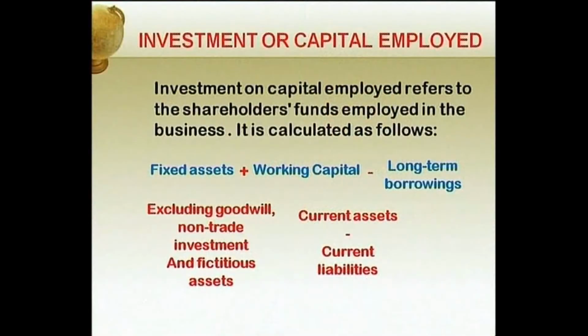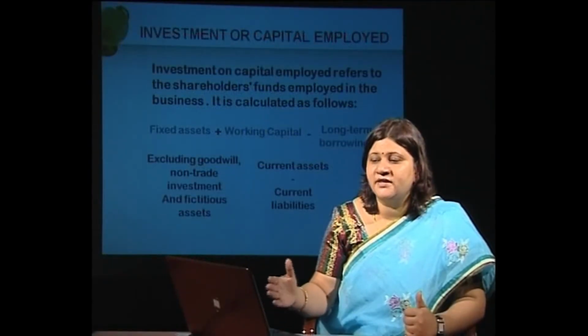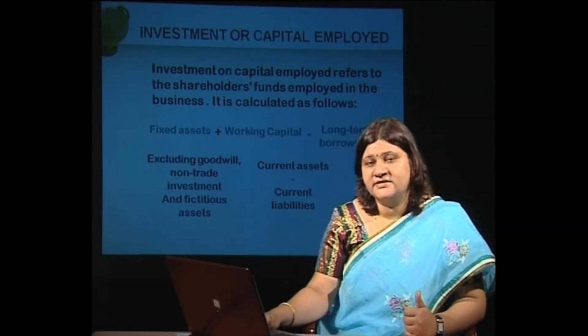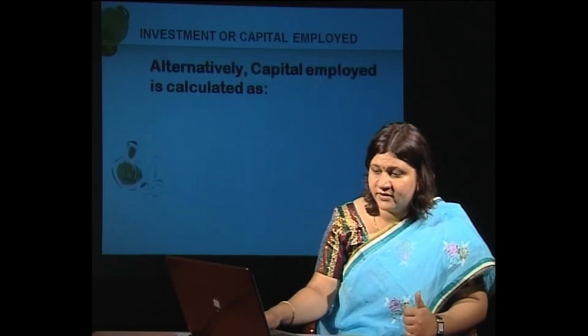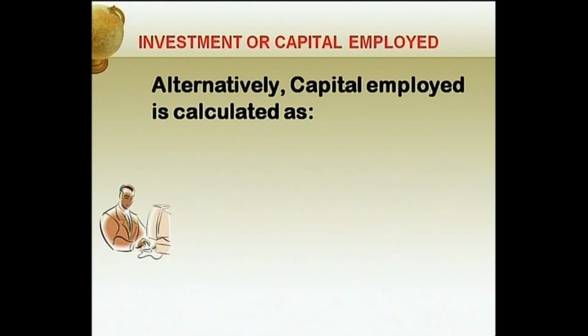So, when we follow this method where fixed assets plus working capital is added up and long term liabilities are excluded, we get the resultant as capital employed, and this capital employed is further useful to compute the normal profit. Alternatively, capital employed is calculated by another method.